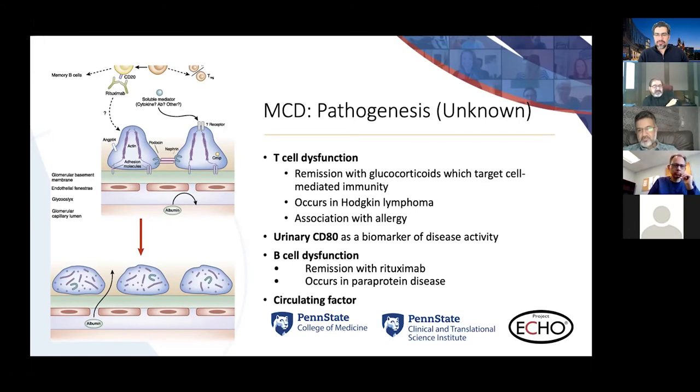So treatments targeting antibody production, steroids or rituximab, etc., would be useful in that scenario. Whereas in congenital nephrotic syndrome, it is not amenable to immunosuppression because it is not an immune problem, it is a structural problem.